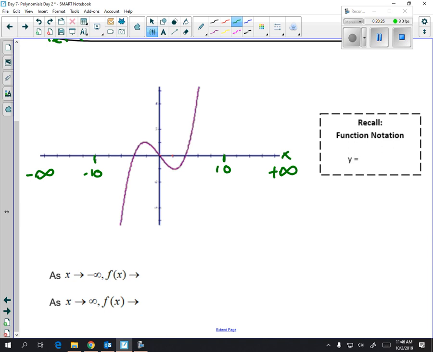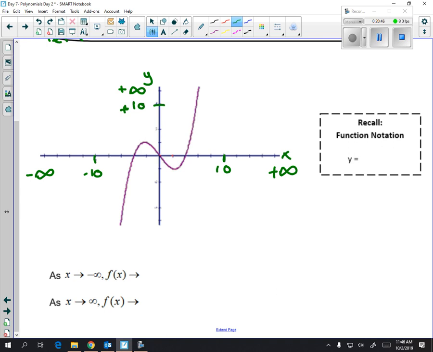Let's talk about your y-axis. Positive y values, like a positive 10, are up top. So you can say positive 10, positive 20, positive 100, positive infinity is up top. You could count up forever.